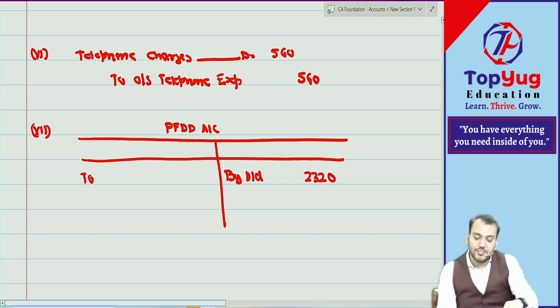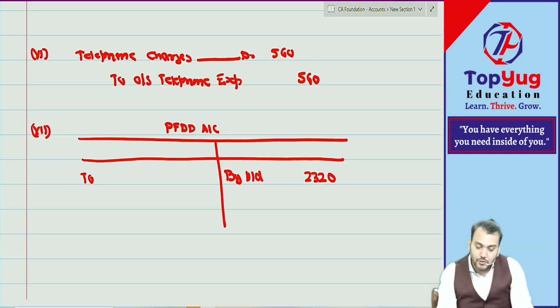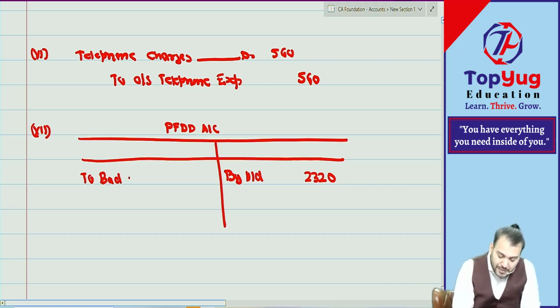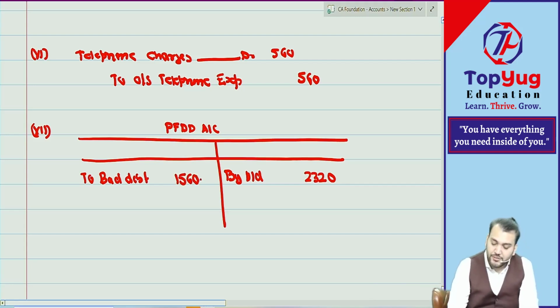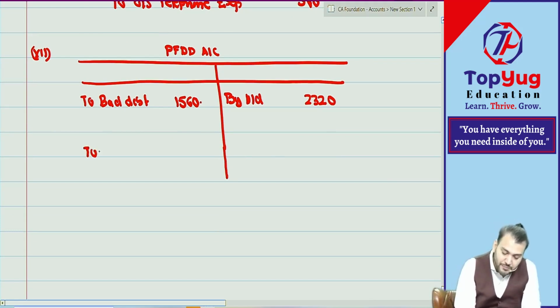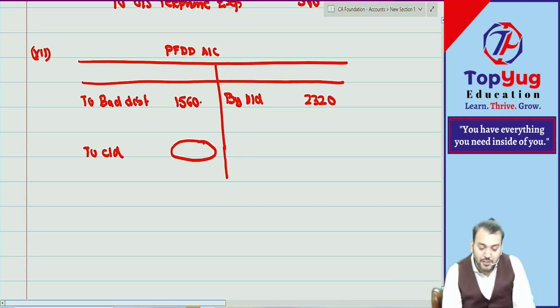In the trial balance, what is the debtor? 23,390 with a credit provision of bad debt of 2,320. Now, the bad debt has not been written off. So how much bad debt? To bad debt will be charged to the provision account 1,560. Correct? Understood. Now they want to maintain this provision at what amount? 10% of closing debtor.